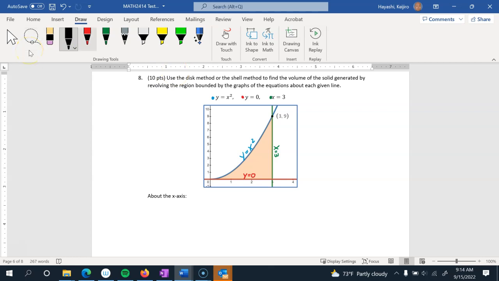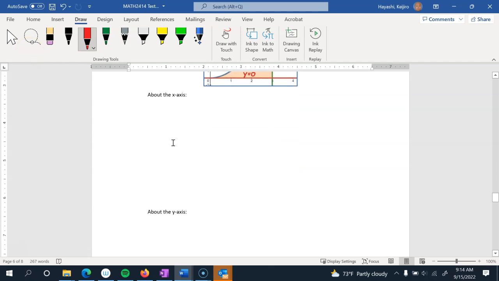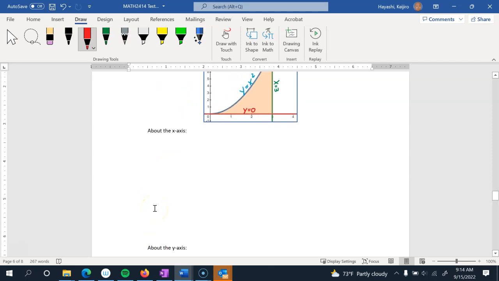So for this one, you're going to want to, in two separate instances, rotate it about the x-axis and then rotate it around the y-axis.